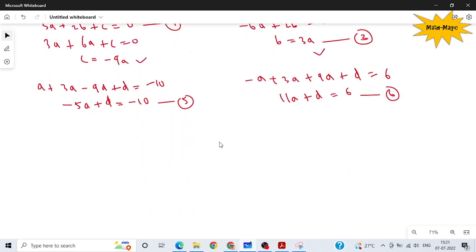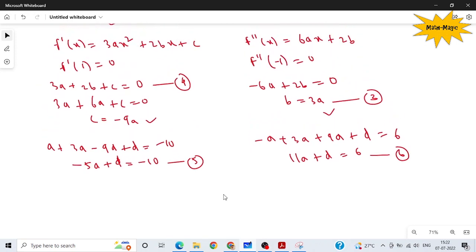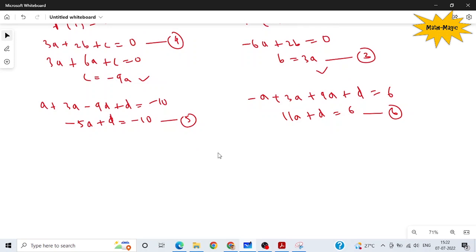So now we solve equations 5 and 6 simultaneously to get the values of a and d. We subtract equation 5 from equation 6. So we get 16a equals 16.